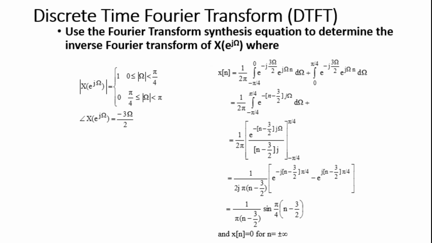Then we know that x(n) = 1/(2π) [integration from -π/4 to 0 of e^{-j3Ω/2} e^{jΩn} dΩ plus integration from 0 to π/4 of e^{-j3Ω/2} e^{jΩn} dΩ].